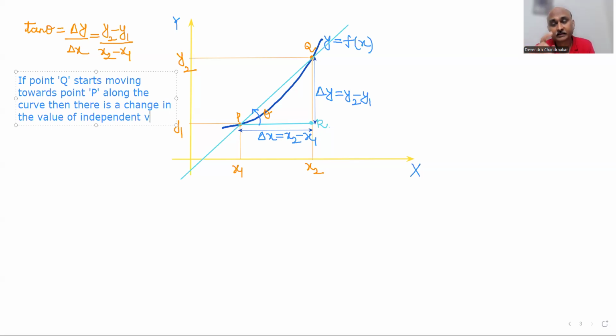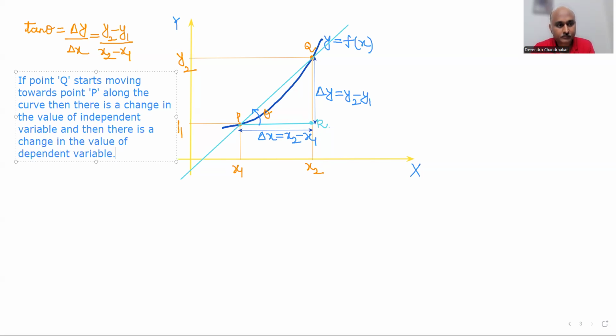First the value of x will change and then the value of y will change. And hence there is a change in the value of the dependent variable. Right? Yes or no? Yes, sir.